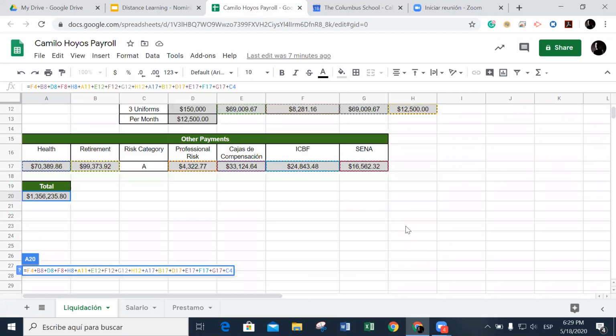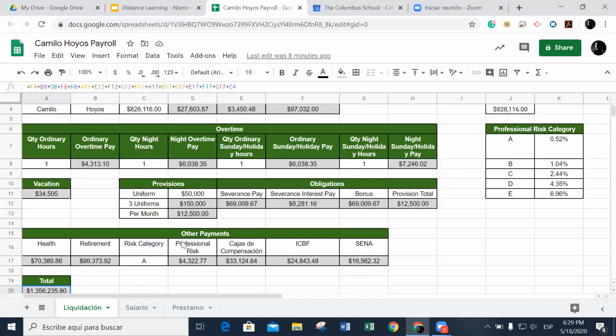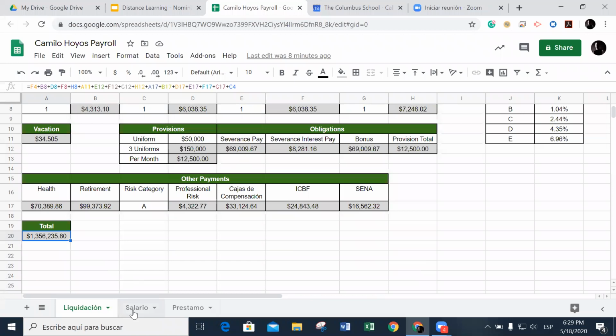Finally, we go to the other payments, and so we had to add up to this total. So plus health, plus retirement, plus professional risk, plus caja de compensación, ICBF, y SENA. All of this added gives me the total that I have to pay this person para su liquidación, part of my Spanglish. Now this table is done, great.